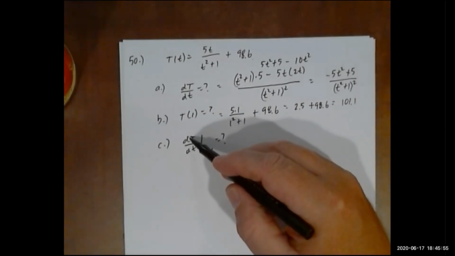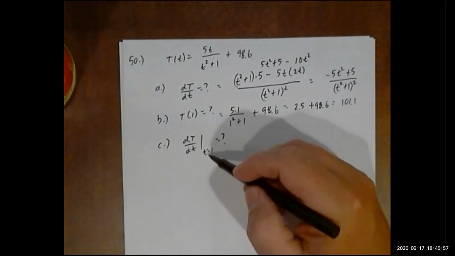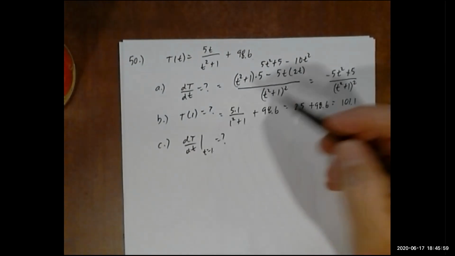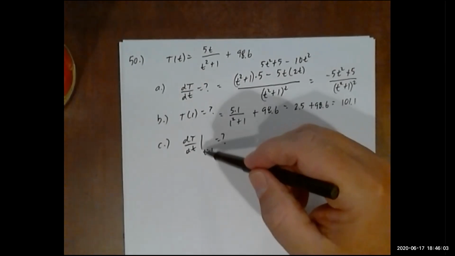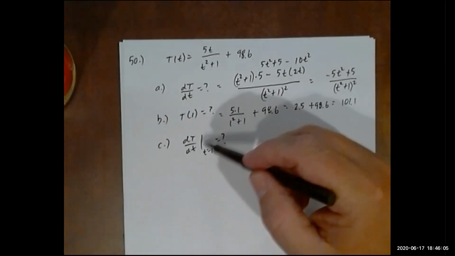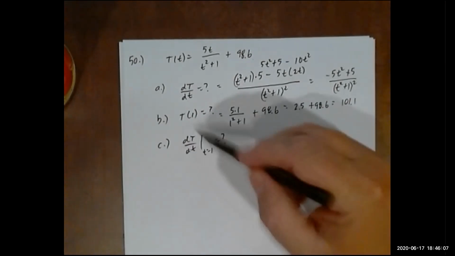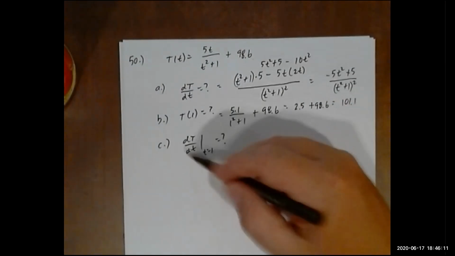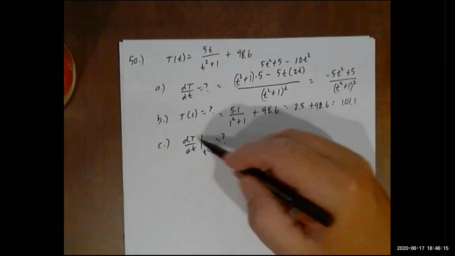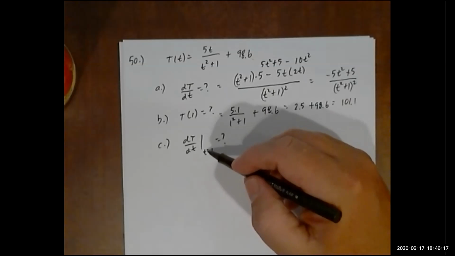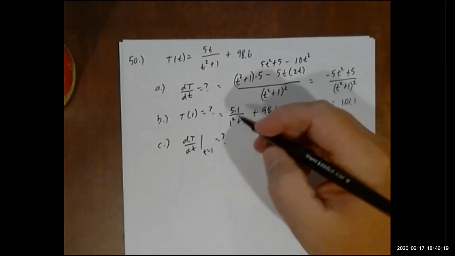Now it says find the rate of change of the temperature when t is 1. In other words, I know the person has a high temperature, but at that time, after 1 hour, is their temperature going up or going down? Well, this will tell us. This is the rate of change. If this rate of change is a positive number, that means the temperature is still going up. If the rate of change is a negative number, it means the temperature is going down.